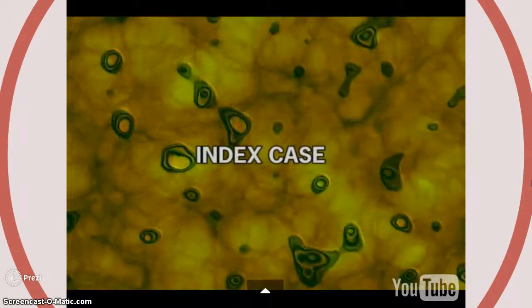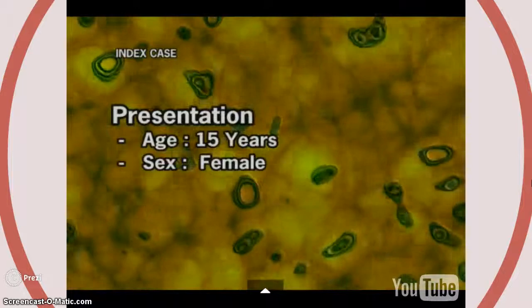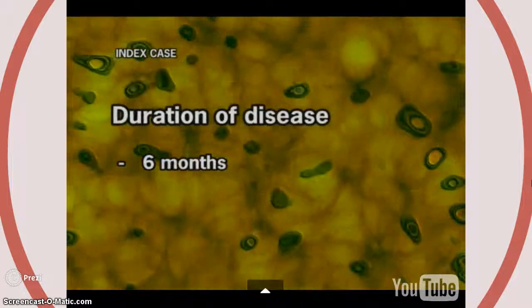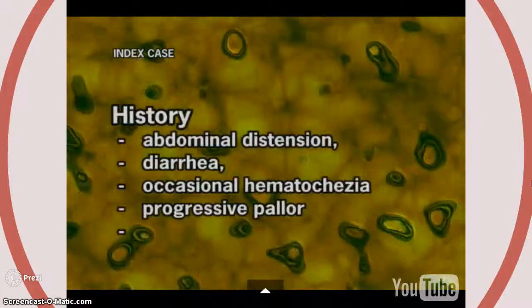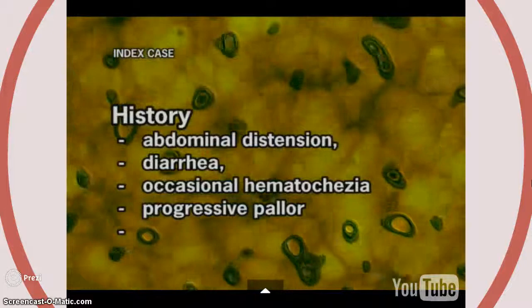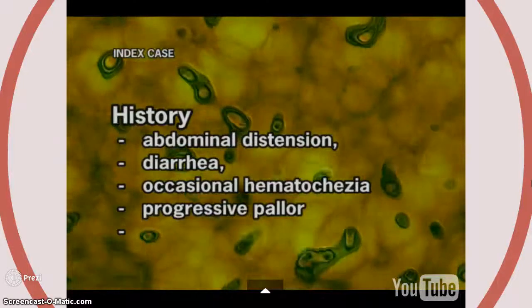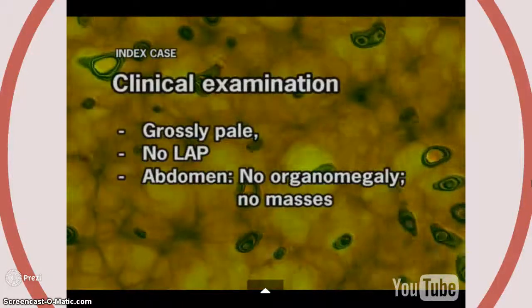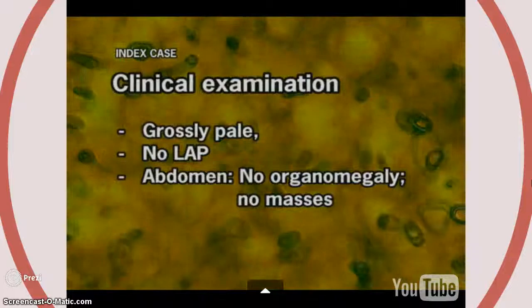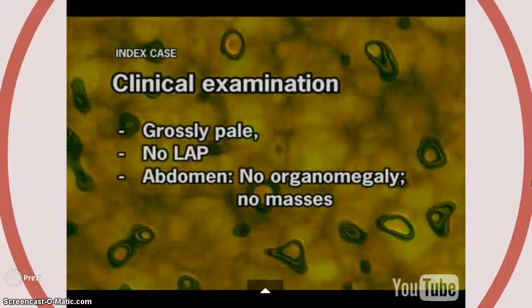Our index case was a 15-year-old girl who presented with a 6-month history of abdominal pain, diarrhea, and occasional hematochezia. She was becoming progressively pale over this period. Clinical examination revealed a grossly pale girl with no other physical findings.